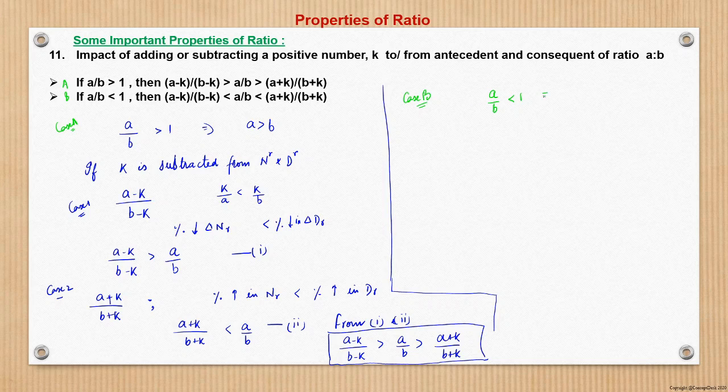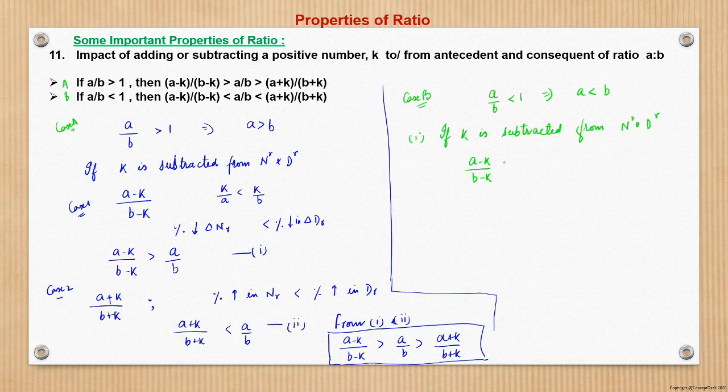So this means that A is less than B. Now if K is subtracted from numerator and denominator, that is the first case which we are seeing. So first subcase, what happens here? A minus K upon B minus K.